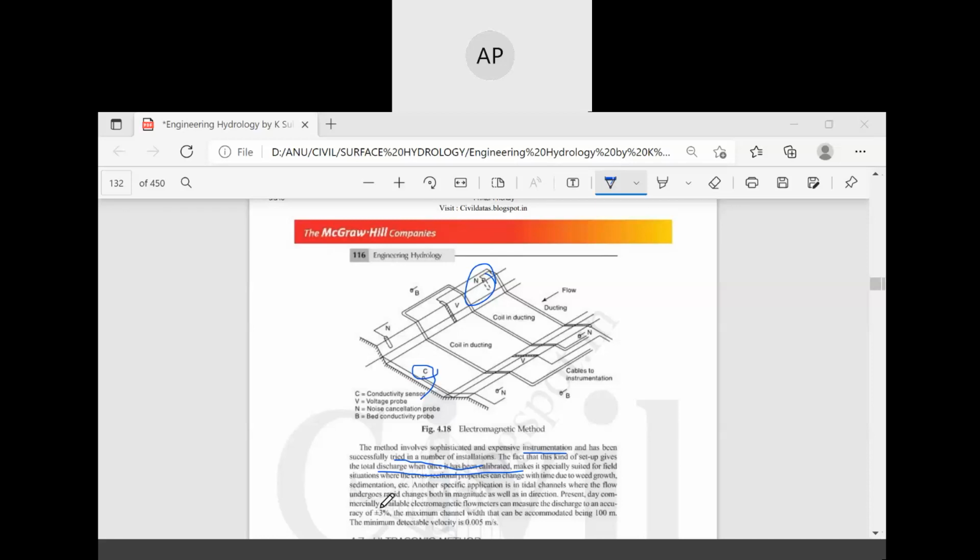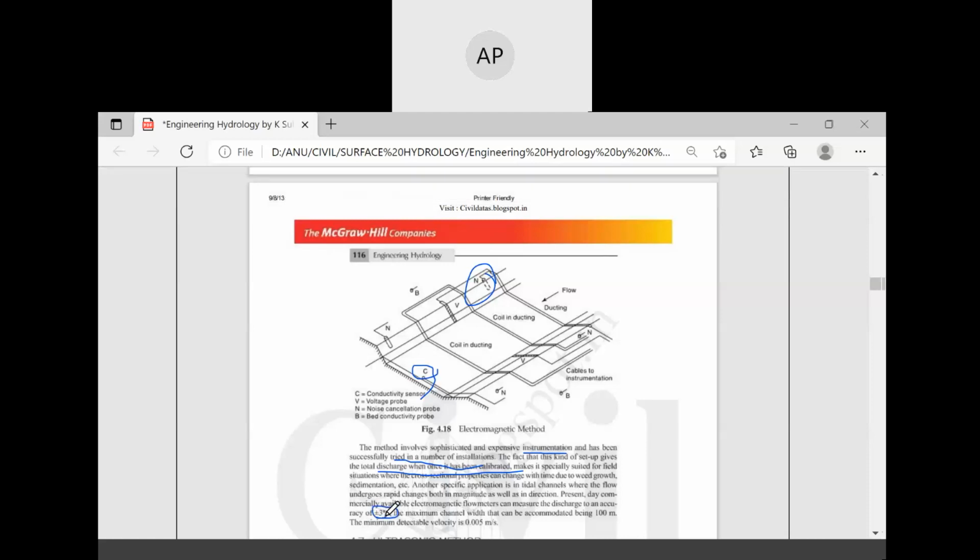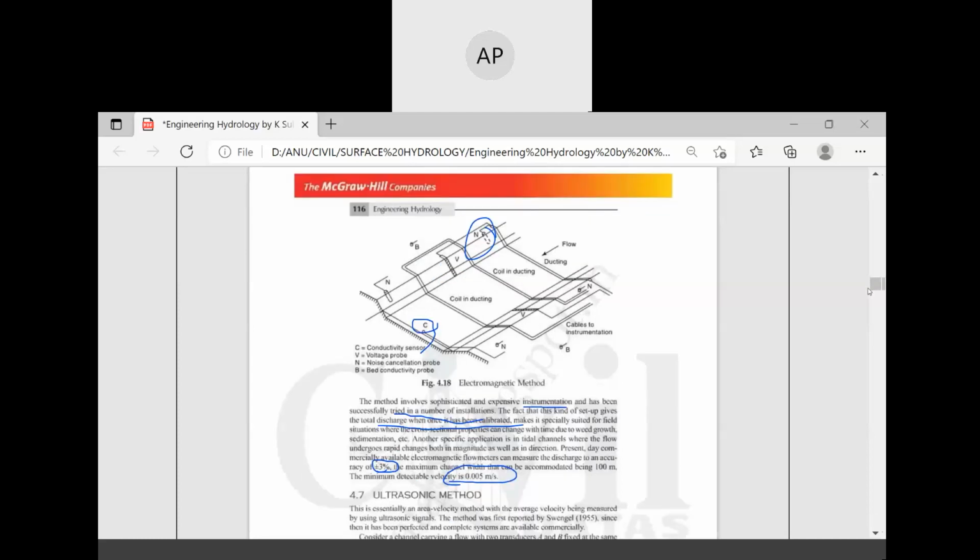Present day, commercially available electromagnetic flow meters can measure discharge up to plus or minus 3%. The maximum channel width that can be accommodated is 100 meters. The minimum velocity detectable is 0.005 meter per second.